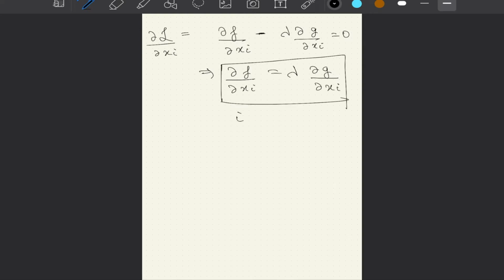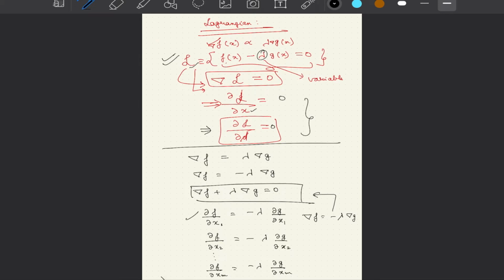We can extend it for i equal to 1 to m, and hence the Lagrangian is a way to write all these notations in a compact form.